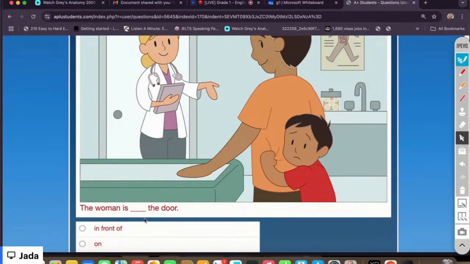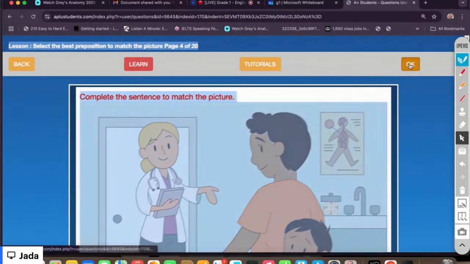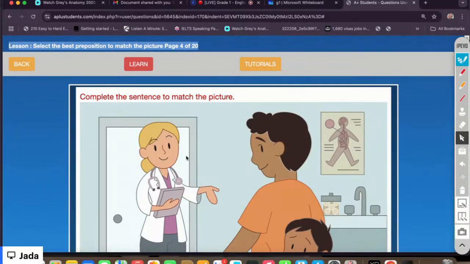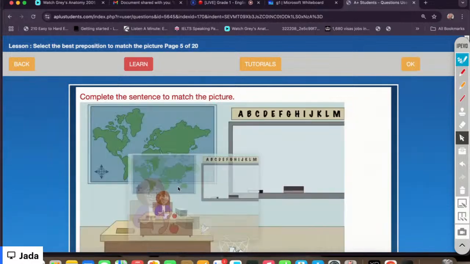Okay, so we have the woman is in front of the door. So in front, she's in front of the door. Look at the door, in front.